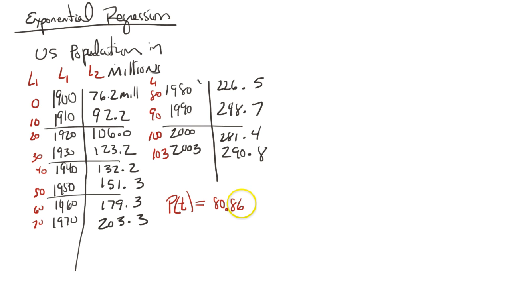Let's go to three decimal places: 80.868, times 1.012, that makes that a 3, and that'd be a t up in the air.